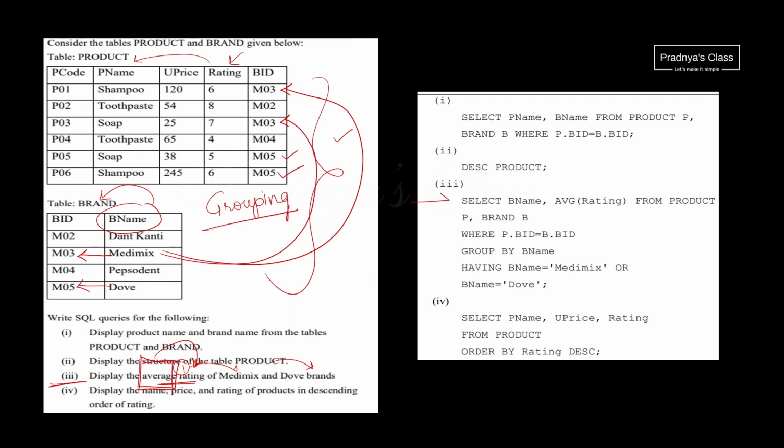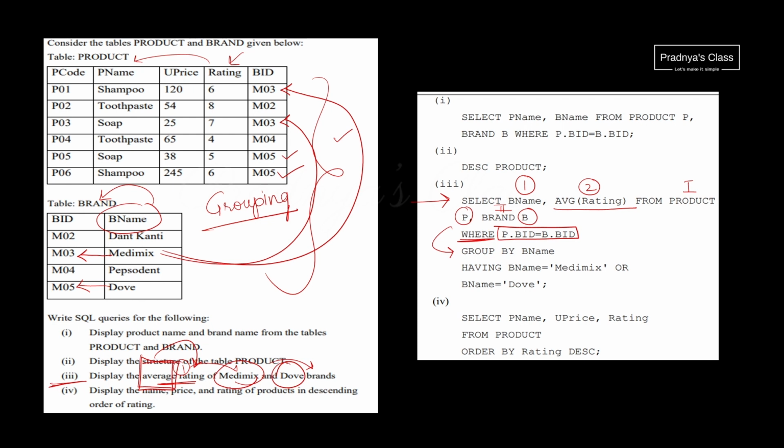Alright, let's try to figure out the query. As we are doing grouping on the brand name, we will be printing it so that we will get an idea. The second thing is average of rating. Here we are dealing with both the tables that we have mentioned along with the nickname for it. With the where clause we are writing this condition where we are matching the records. It's time to write the grouping statement.